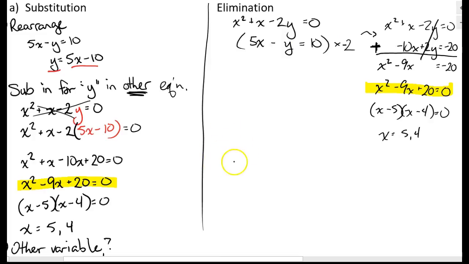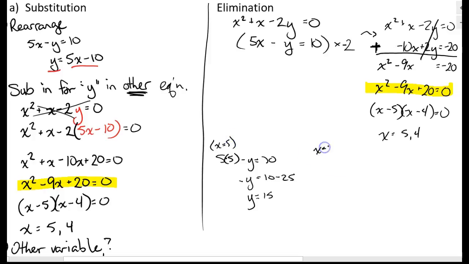So I would say 5 times 5 minus y equals 10. So that's going to be negative y equals 10 minus 25, or positive y equals 15. And that is when x equals 5.